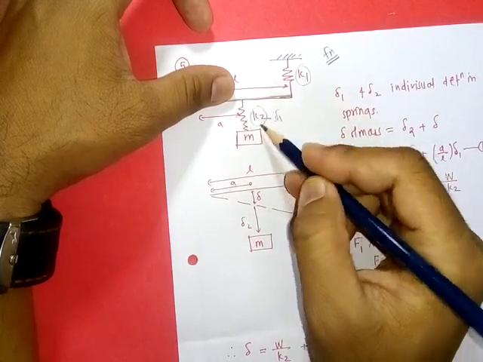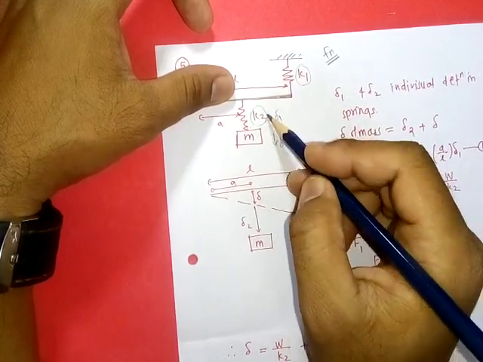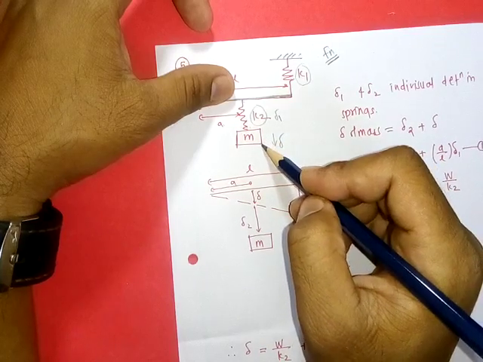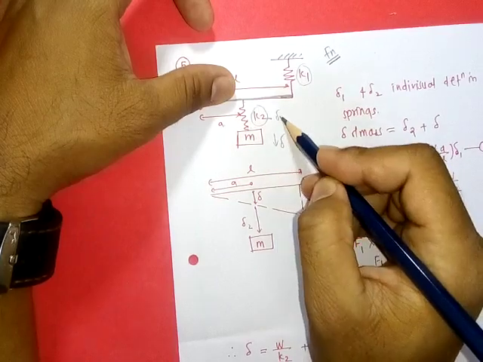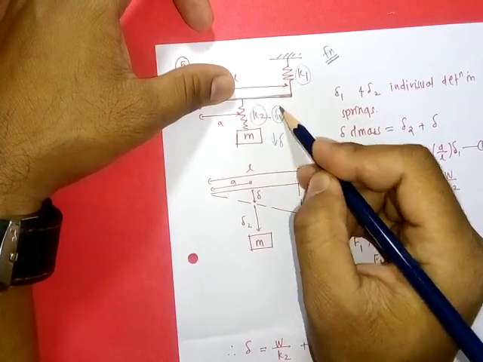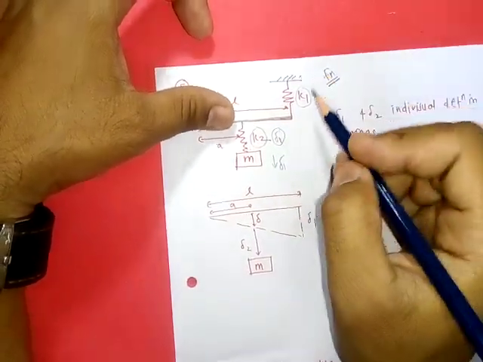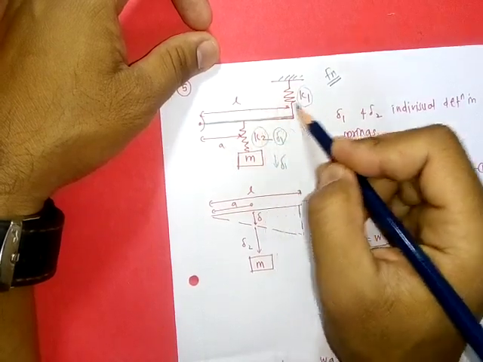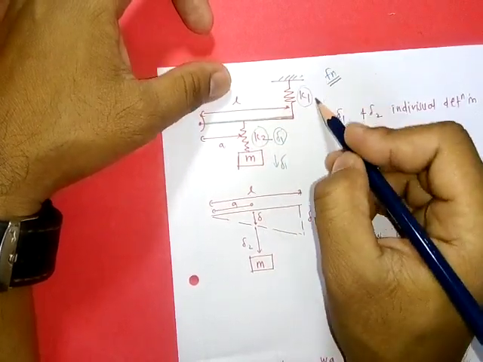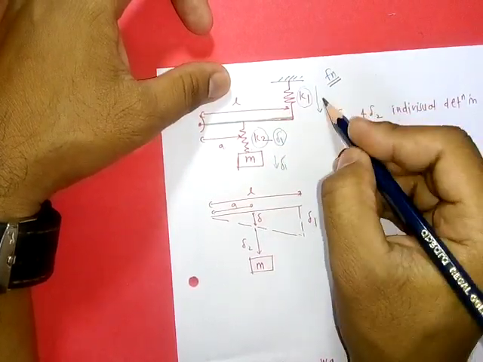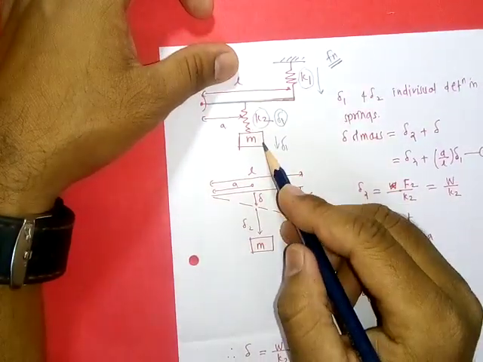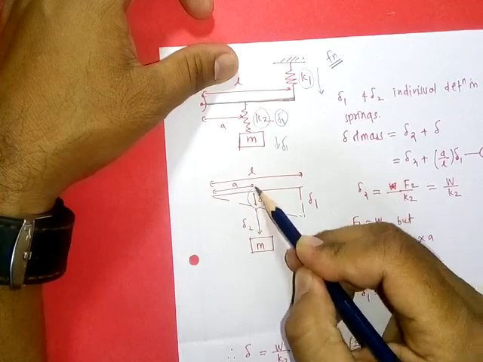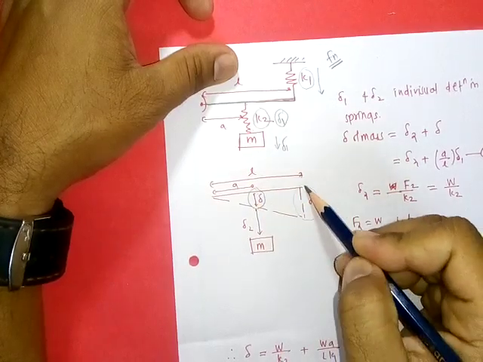The deformation in the K2 spring is totally added to the movement of this mass m. So here there will be del 1 for spring K1, at distance L. When this spring is deformed by an amount say del 1, then our mass will deform by a small amount del, not equal to del 1 here.